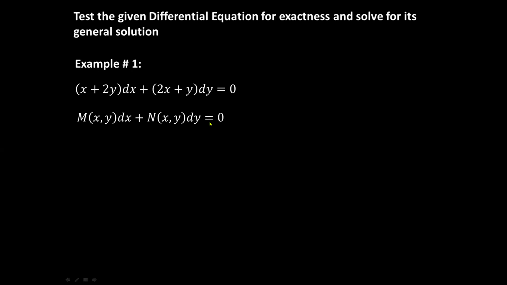Kumbaga, i-compare natin ang general form sa ating given equation. In this case, ang M of x,y natin ay yung x plus 2y, at ang value naman ng N of x,y natin is 2x plus y.